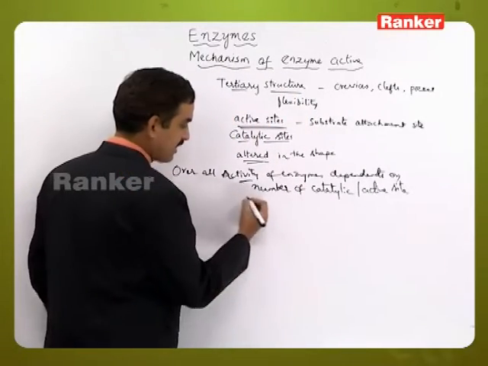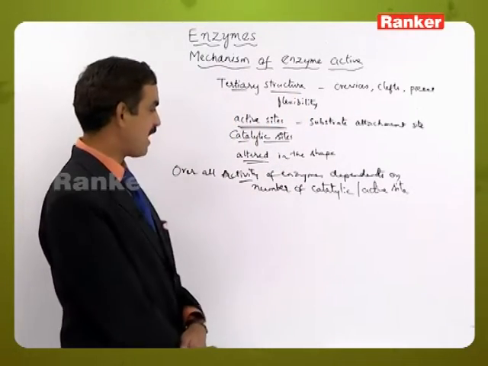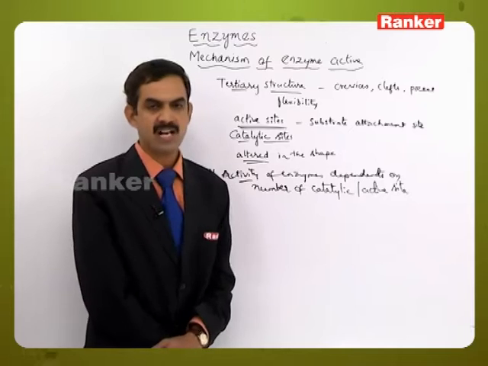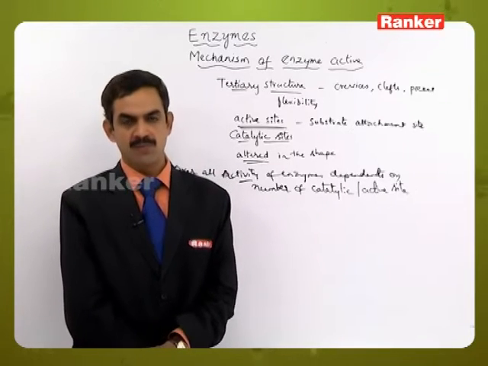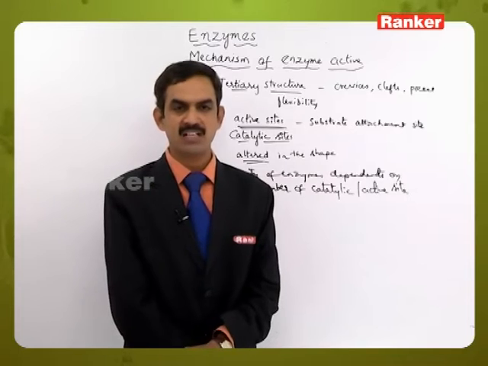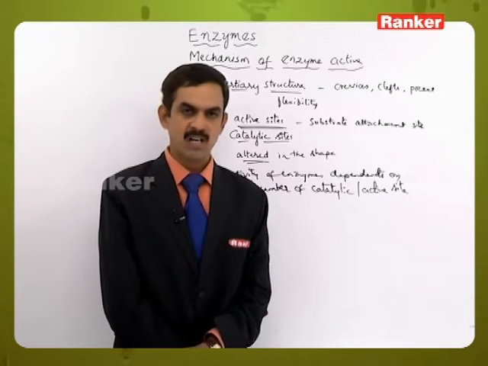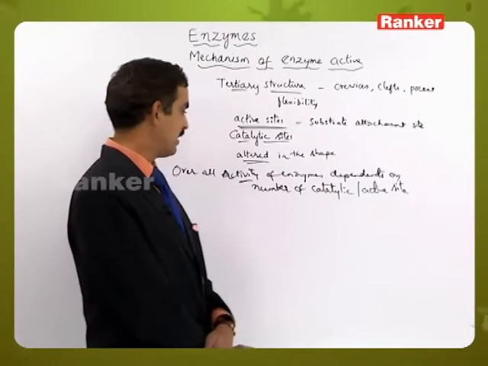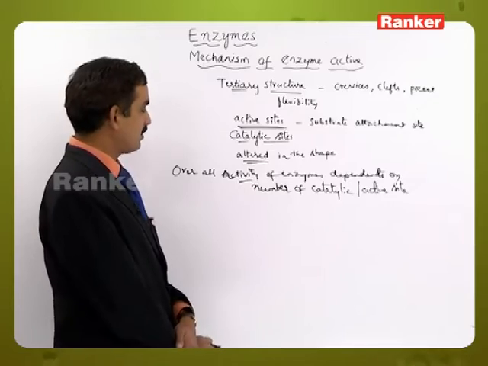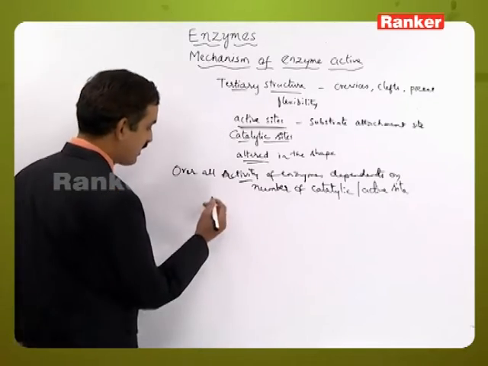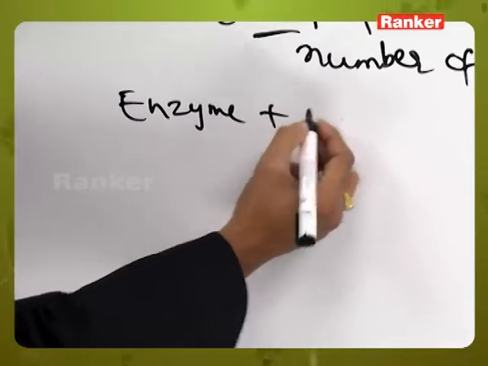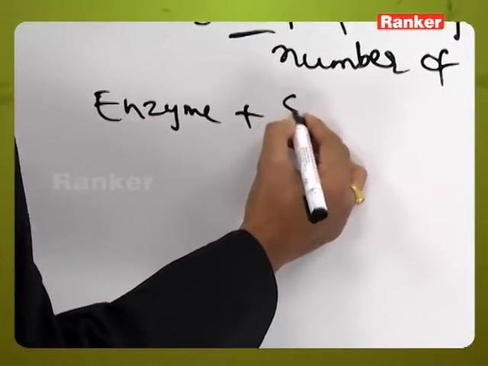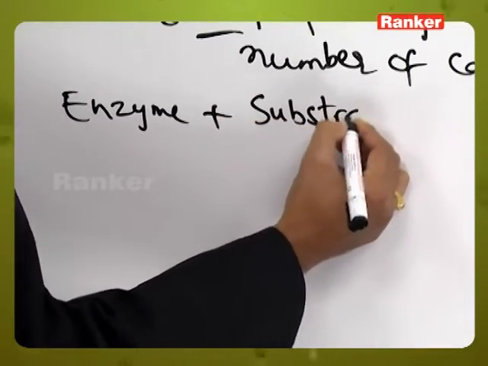If these enzyme molecules have more catalytic or active sites, they provide more space for a large number of substrate molecules so that they are converted into the products in a short period of time. And in this process some changes take place, where first the enzyme molecule will react with the substrate molecule.